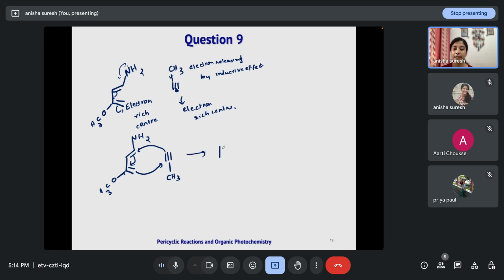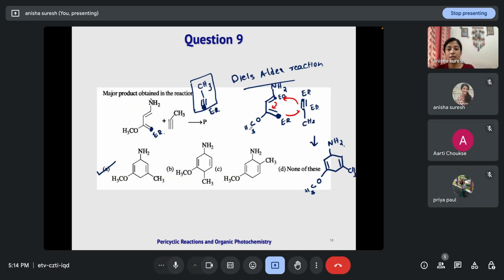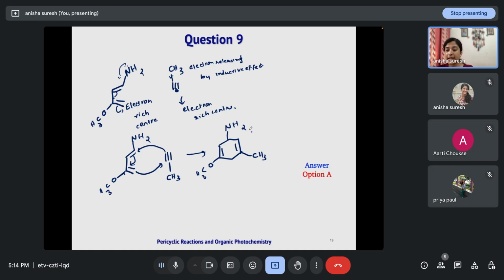And it will result in the formation of the Diels-Alder product. Is how regiochemistry is coming clear? Yes, ma'am. Okay. So option A is the right answer in question number 9.